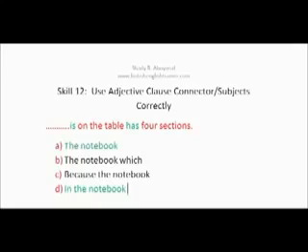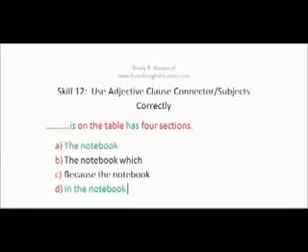But look at B and C. B, the notebook which, and C, because the notebook. So we've got here 2 choices with 2 connectors. Now let's have a look at number 1. Can we say because the notebook is on the table, has 4 sections? We can't say that for many reasons.